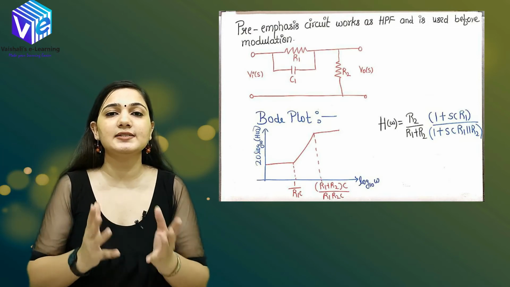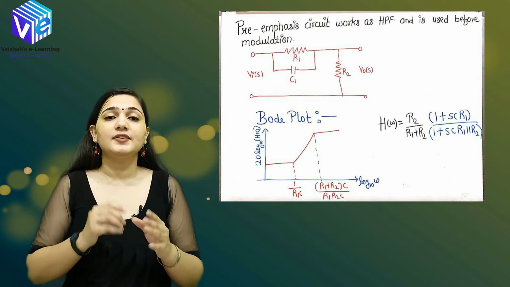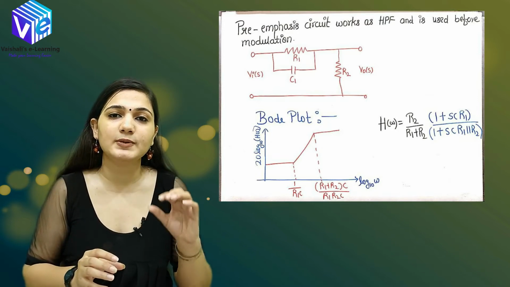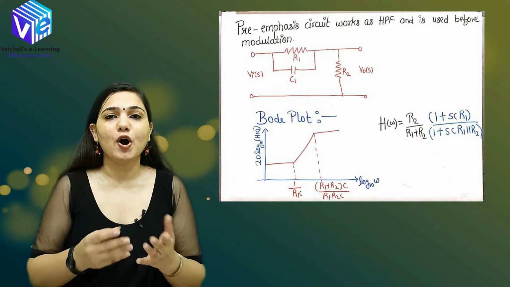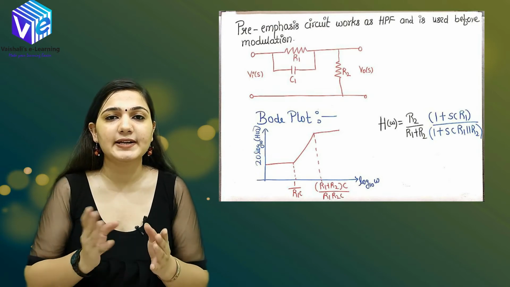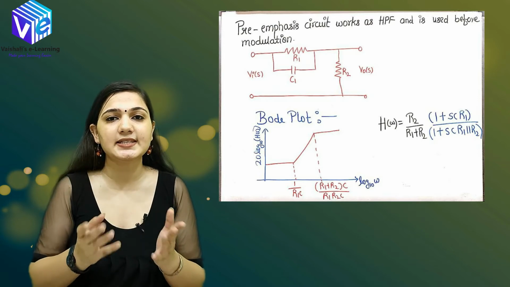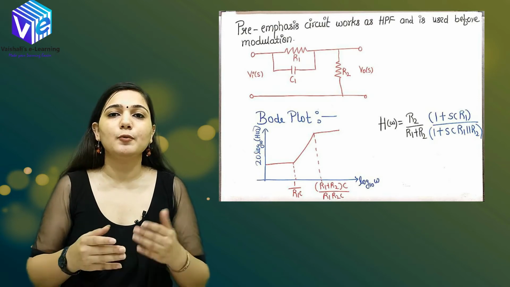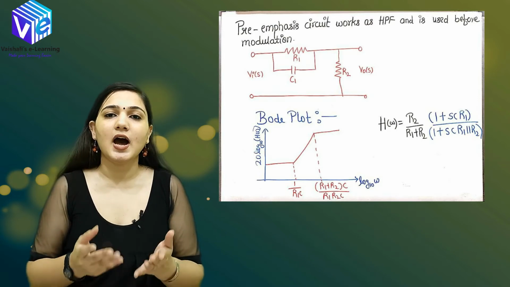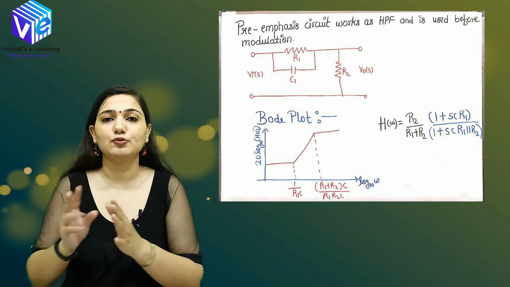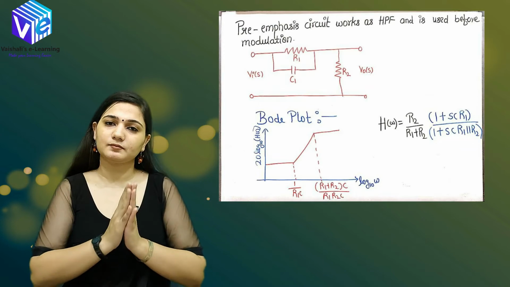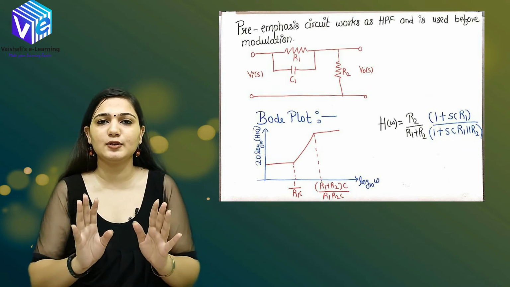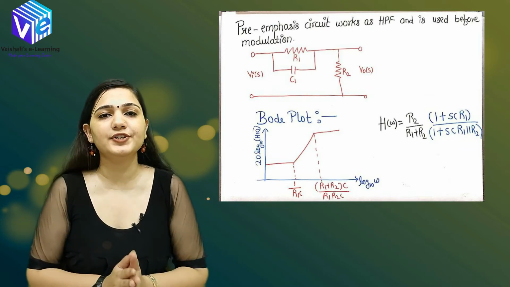Now the transfer function for this pre-emphasis circuit will be equal to R2 upon R1 plus R2 multiplied by (1 plus sC R1) upon (1 plus sC times R1 in parallel with R2). We can find the expression for R1 parallel to R2, substitute it in this equation, and find the transfer function.